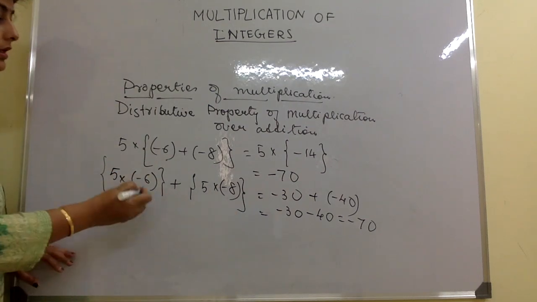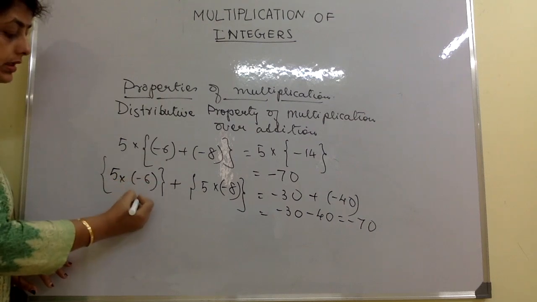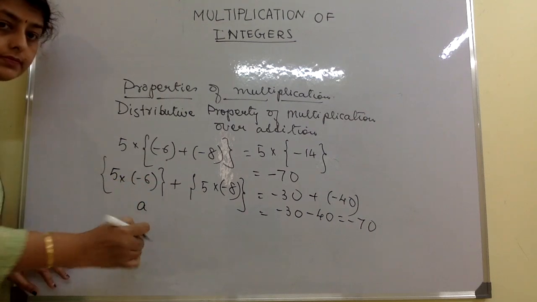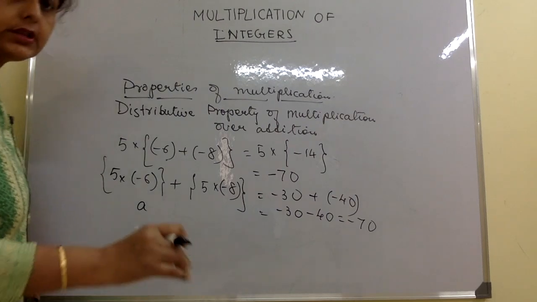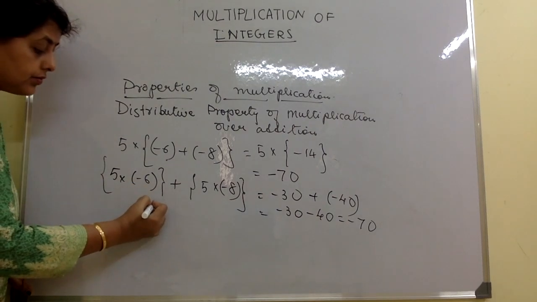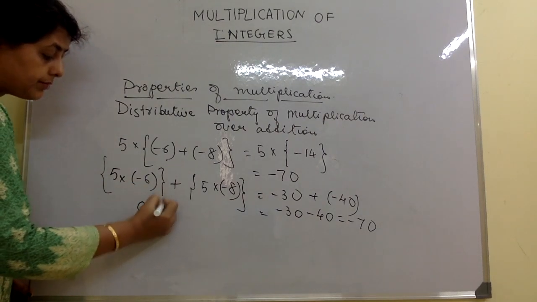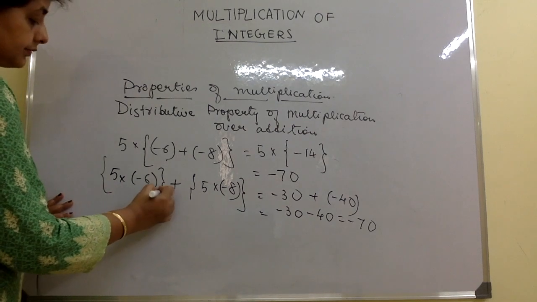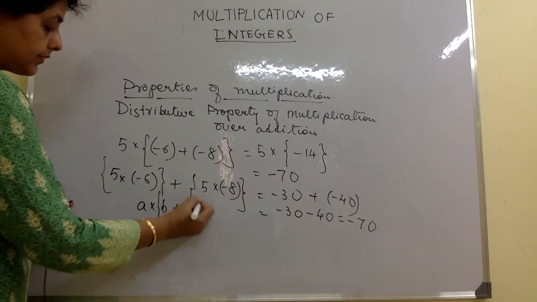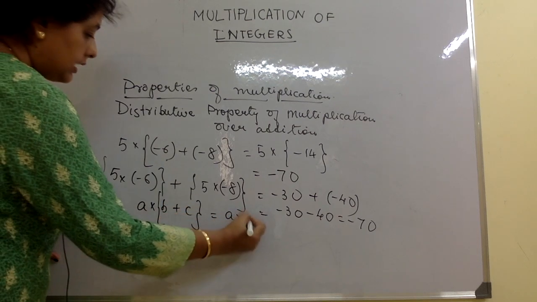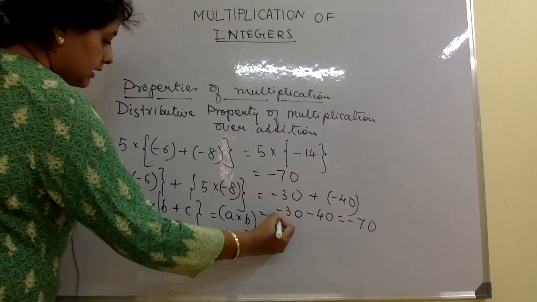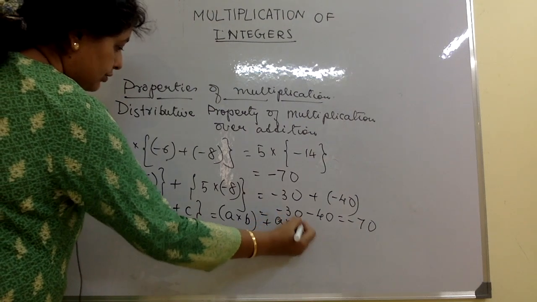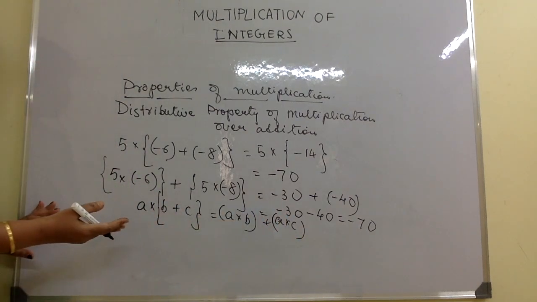So it's like this: A into B plus C is equal to A into B plus A into C. This is how we can put it.